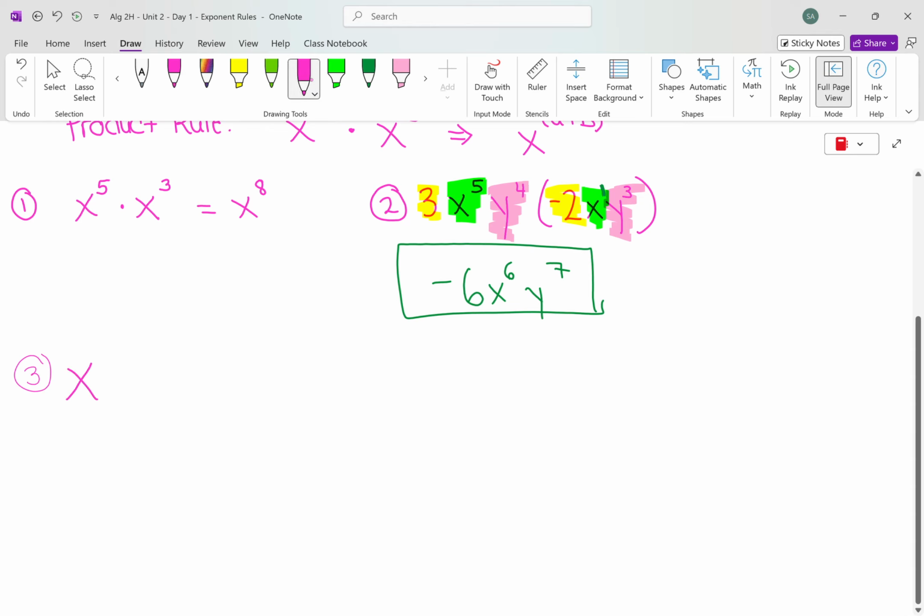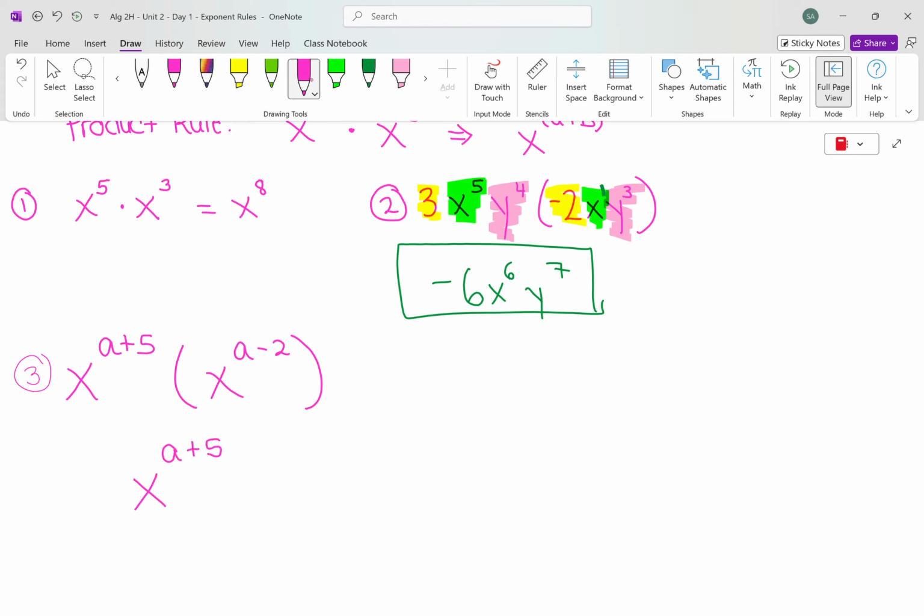Okay, let's say we have variables in our exponents. x raised to the a plus 5 times x raised to the a minus 2. It's the same idea. You keep your base of x, and then you add your exponents.